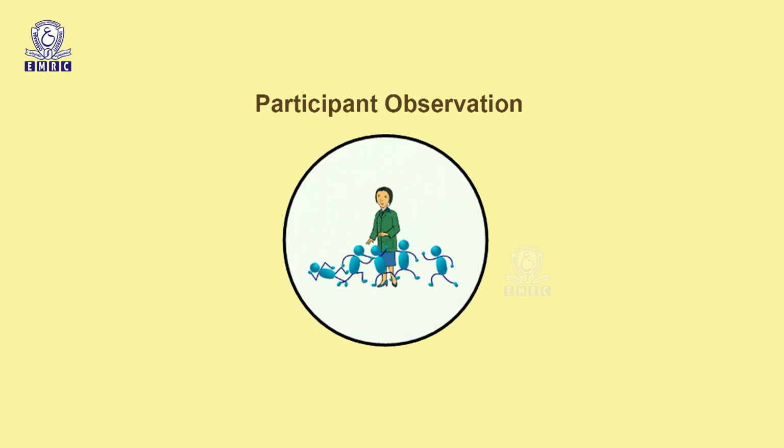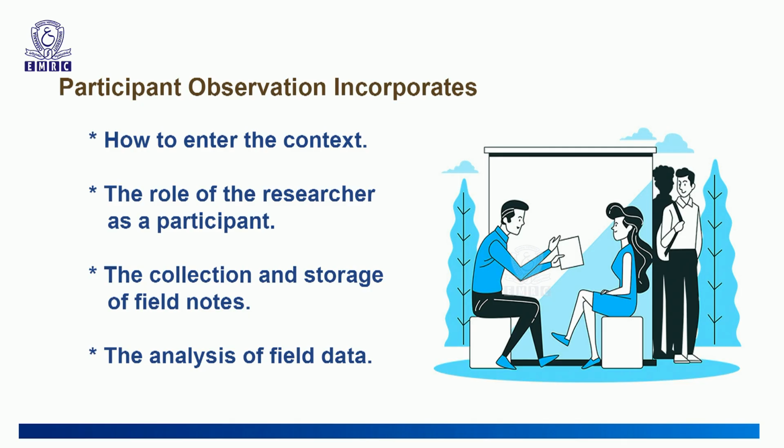It requires that the researcher become a participant in the culture or context being observed. Participant observation incorporates how to enter the context, the role of the researcher as a participant, the collection and storage of field notes, and the analysis of field data.